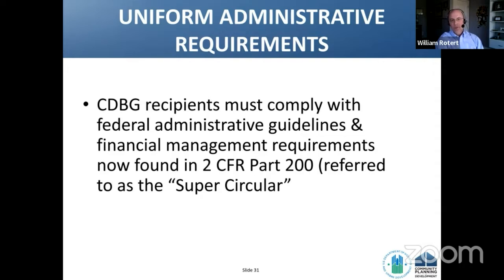HUD's CFR is 24. These are Office of Management and Budget regulations at 2 CFR Part 200. They're often referred to as the super circular. And again, they apply to almost all federal programs, not just CDBG. So uniform administrative requirements. Next slide.